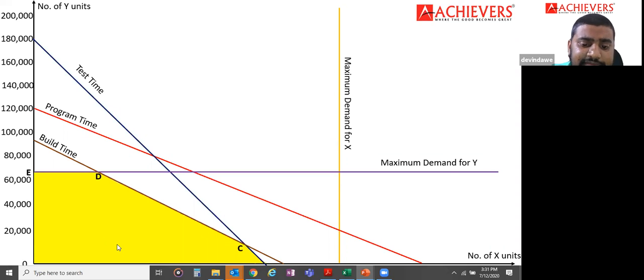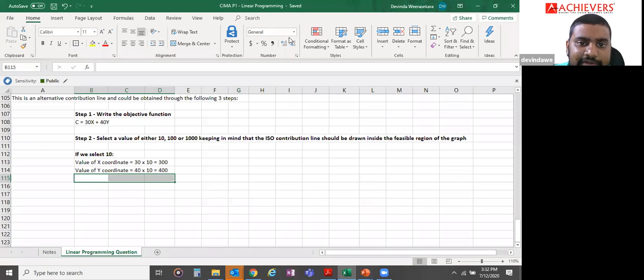So when it's starting from 20,000, guys, drawing 300 and 400 inside here is too small. We can't even see where 300, 400 is here, right? So understand, you have to be practical also, right? It's too small to draw in the feasible region. Clear? So we eliminate 10.